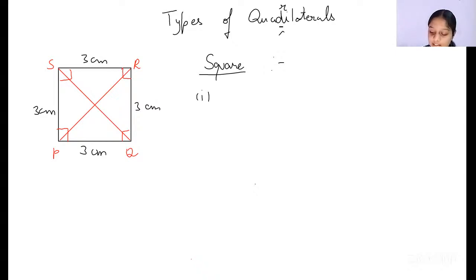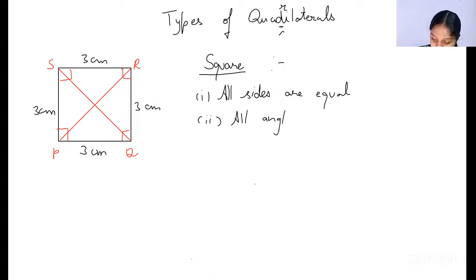All sides are equal. All angles are equal to 90 degrees.